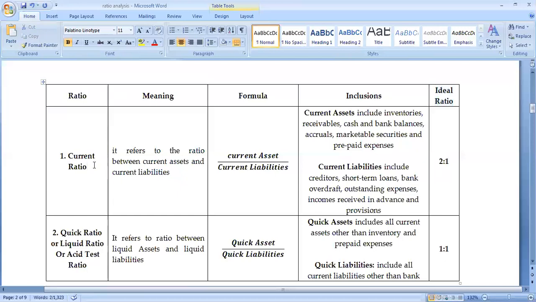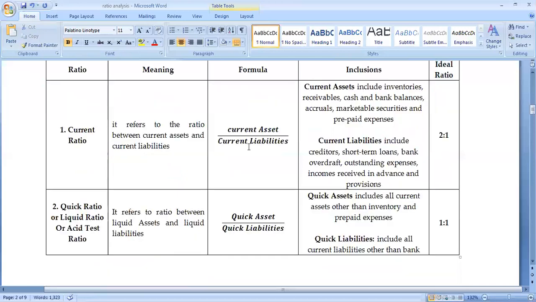Now we shall see what the current ratio is and the formula to calculate it. The current ratio refers to the ratio between the current assets and the current liability, which is the current assets divided by the current liability.